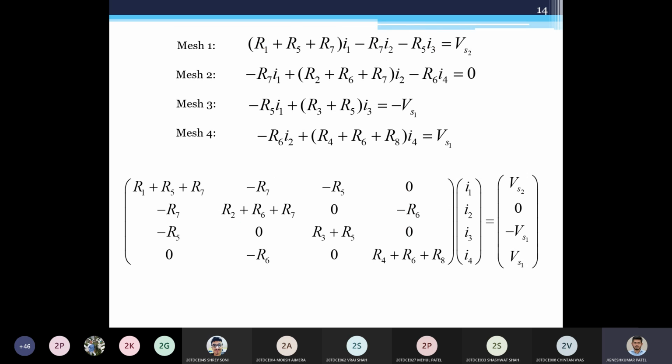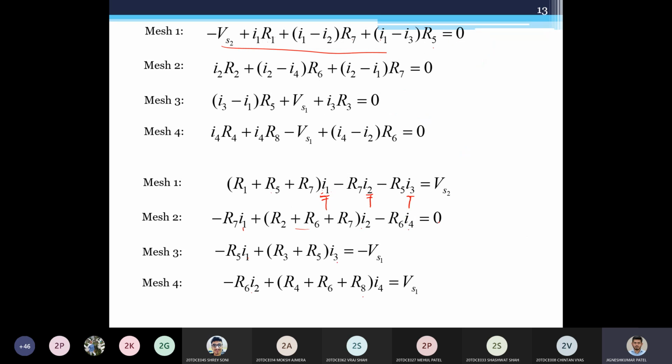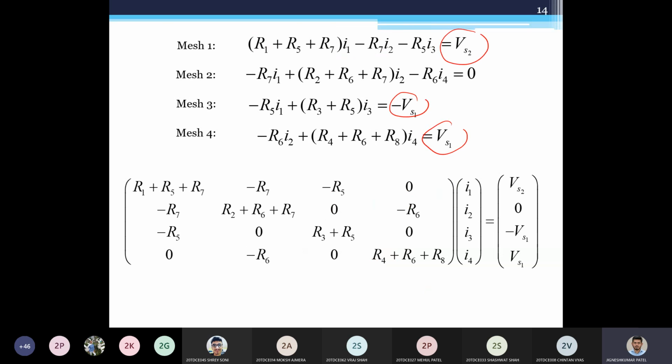And then these are the same equations rewritten, but the Vs2 or Vs1, wherever the source is, is on the opposite side now. Earlier I have put a 0. We'll take Vs2, Vs1 over this side. And then from this, I'll write a matrix.